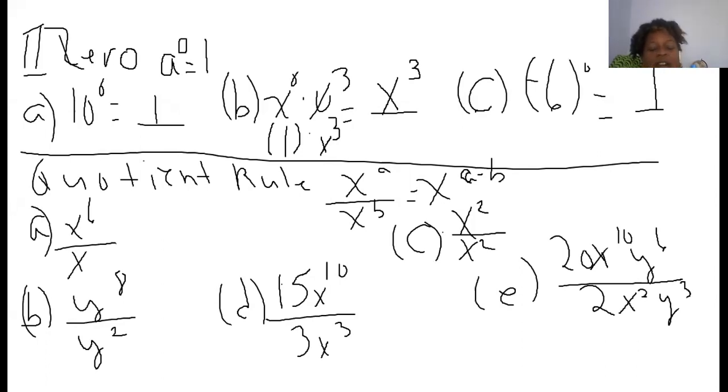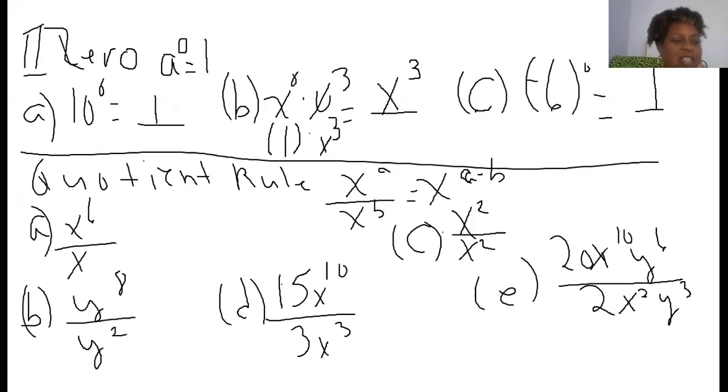All right, so here are our A, B, C, D, E models, our 5 models we're going to look at involving the quotient rule. And mainly, once again, applying the quotient rule, I think that is simple enough. So here with the quotient rule, we can identify x to the 6 over x.